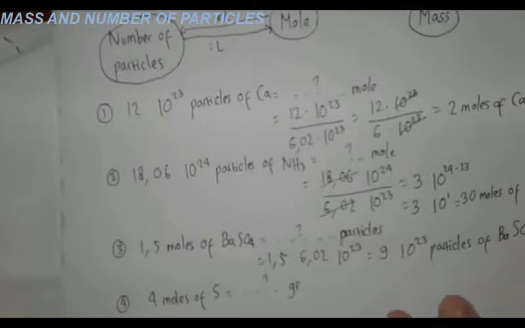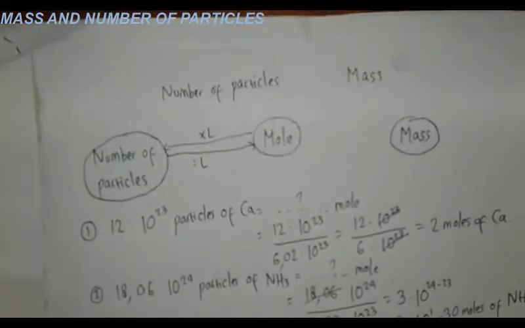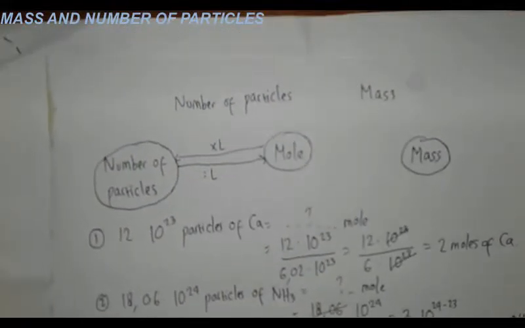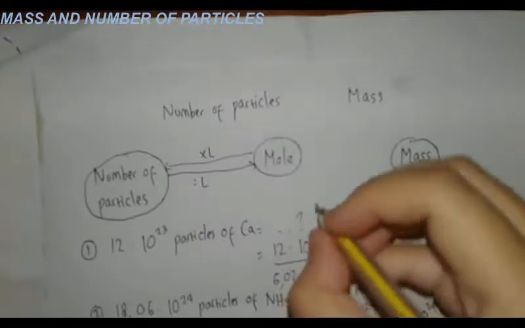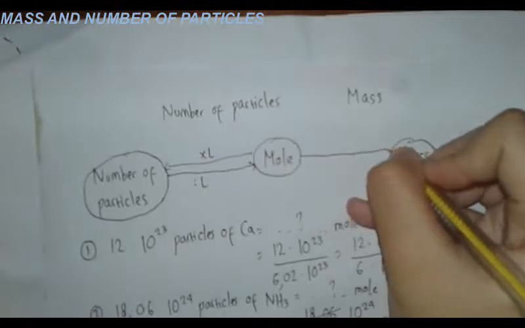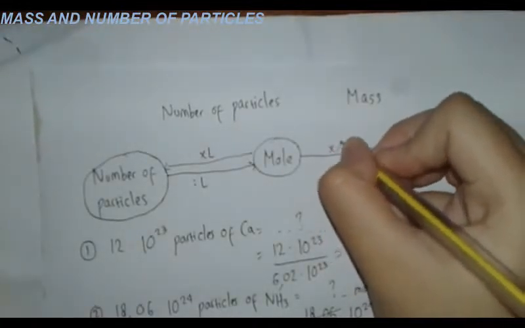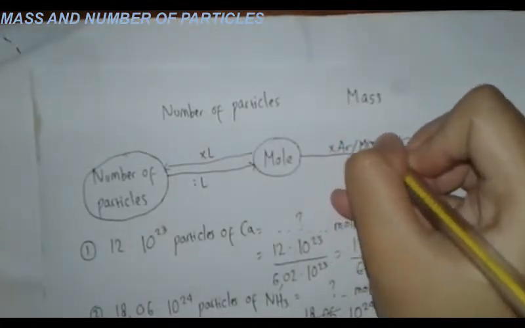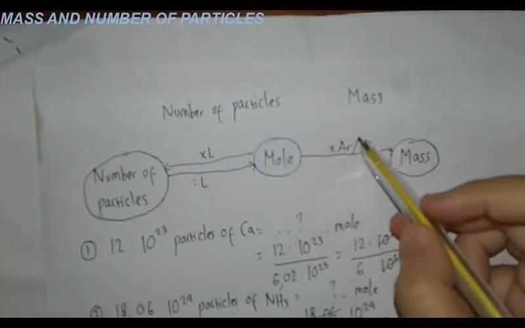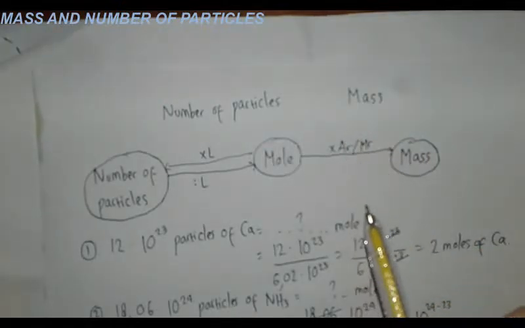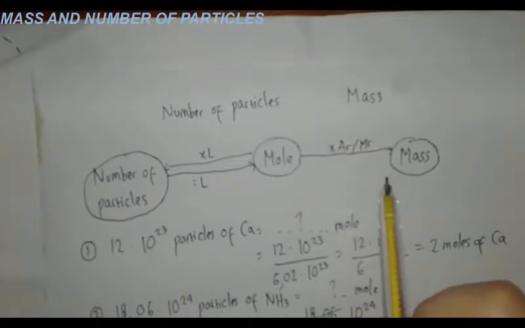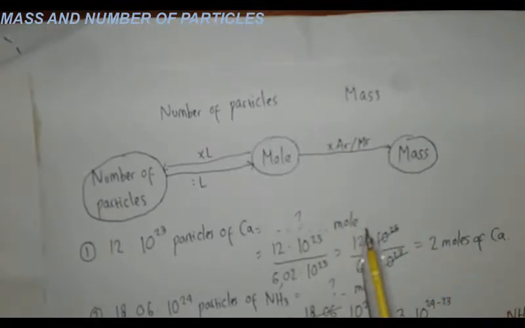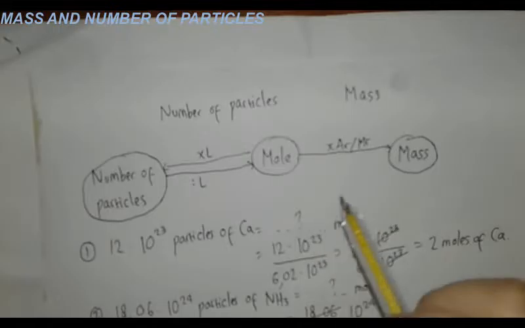So based on the concept of mole that I told you in the last video, to convert mole into mass, we just have to multiply mole by Ar or Mr. Remember this? Ar stands for atomic relative mass, Mr stands for molecular relative mass.